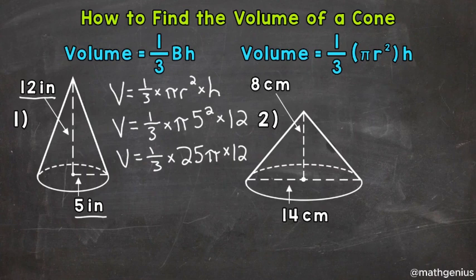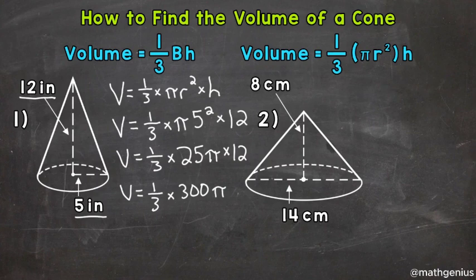So we are ready to move forward here, and we have a couple of different ways we can do the next step. So one way, we can cross cancel or multiply 1/3 and 12, or we can do 25 times 12. I'm going to do 25 times 12, and that gives us volume equals 1/3 times, well, 25 times 12 is 300, and pi.